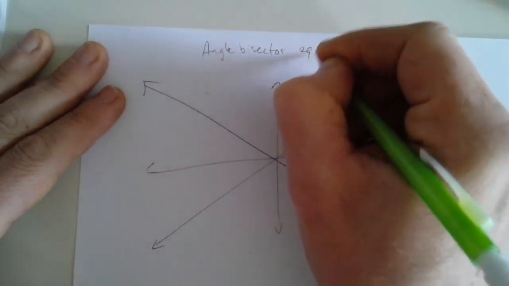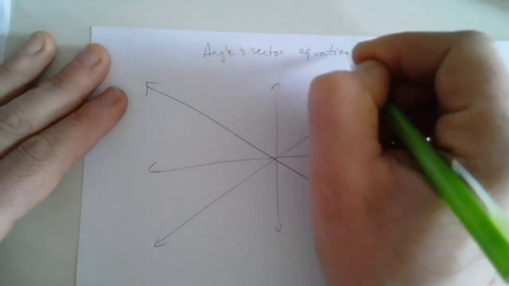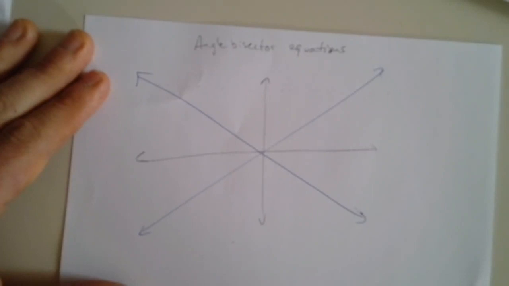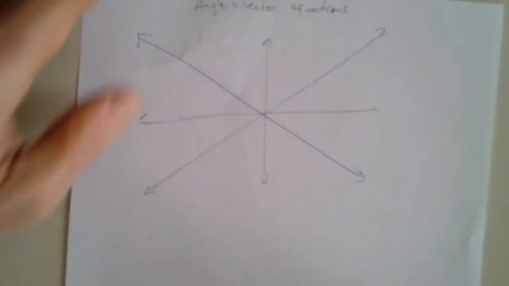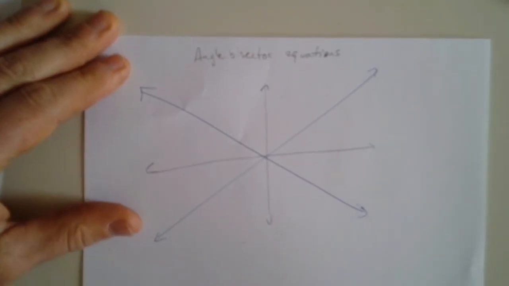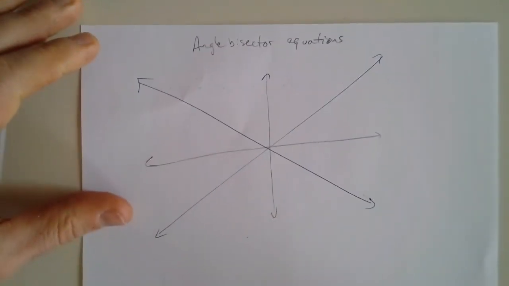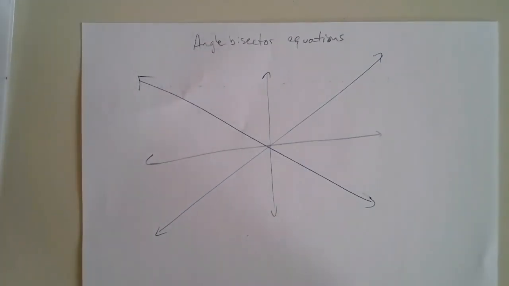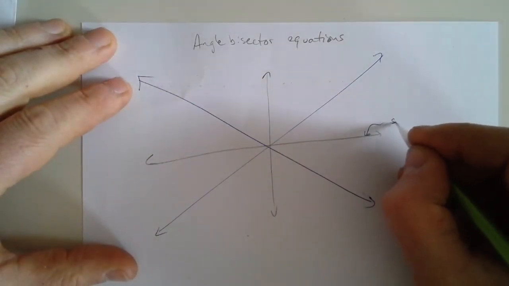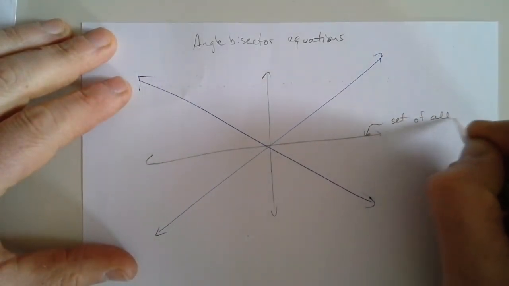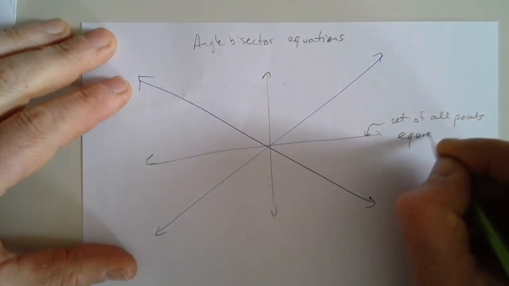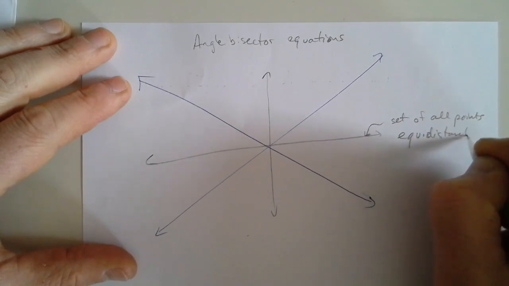Now, what you may or may not remember from geometry, and this is one of those theorems not everybody remembers but it is important to remember, is that the angle bisectors are the set of all points equidistant from two lines.